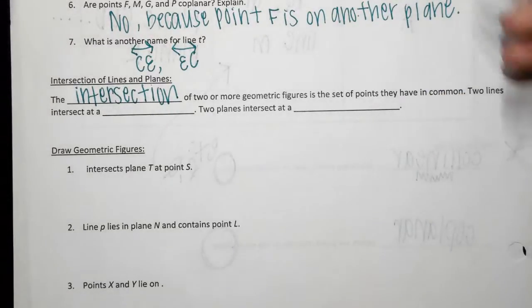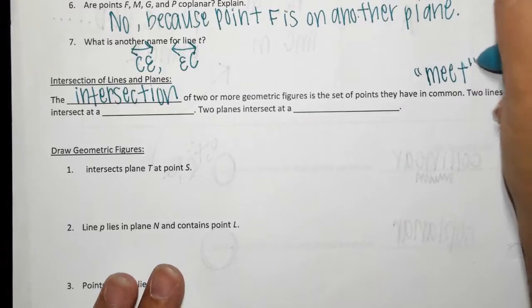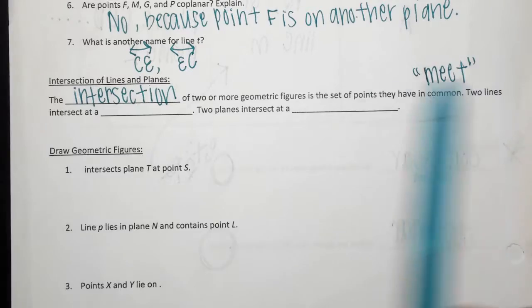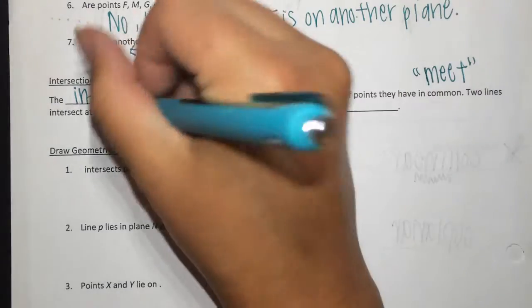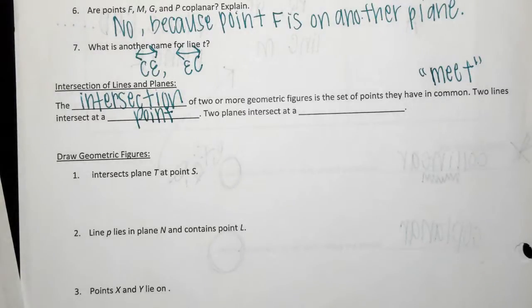So it's where they meet. We already talked about the first one. 2 lines intersect at a what? Point. Very good. 2 lines intersect at a point.